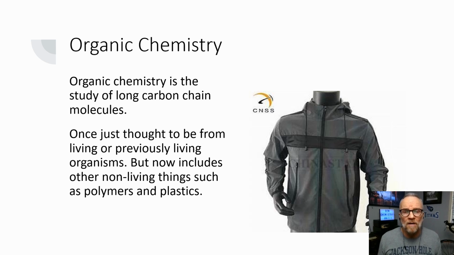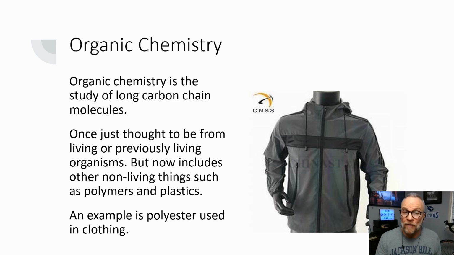And a lot of times people in chemistry will say that you go to school and study more inorganic chemistry, and then when you go out into the world you practice organic chemistry, and you're involved more in polymer and plastic production and that sort of thing. Another example other than nylon is polyester in clothing.